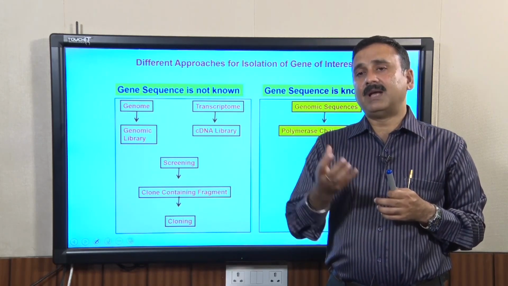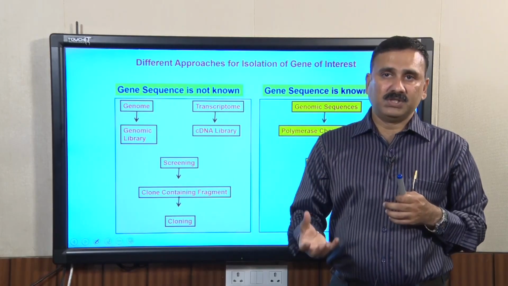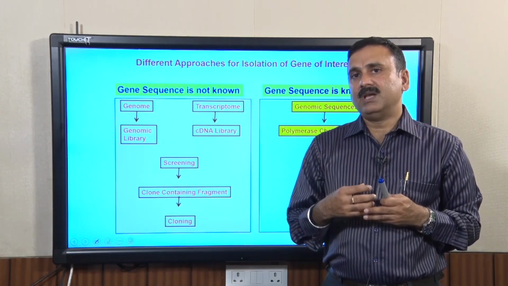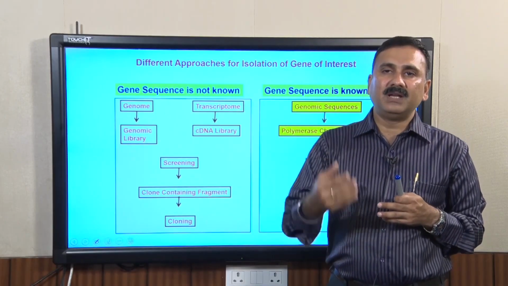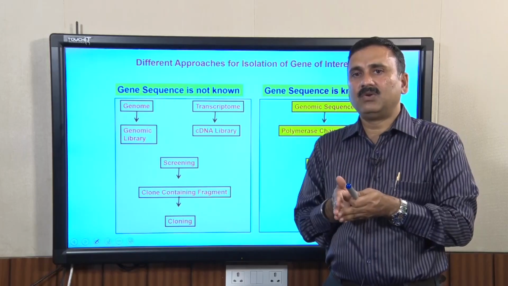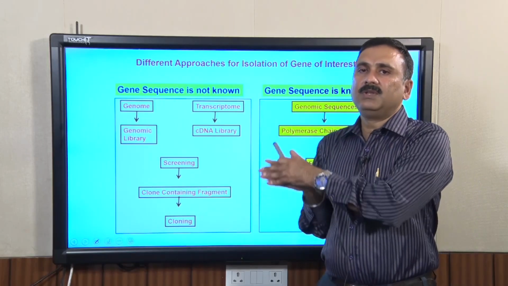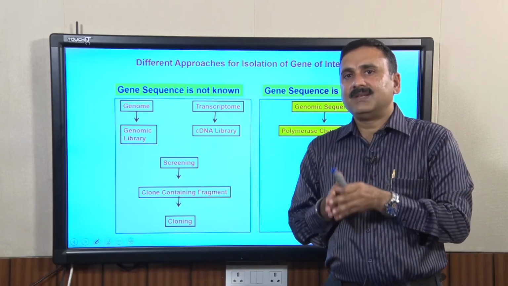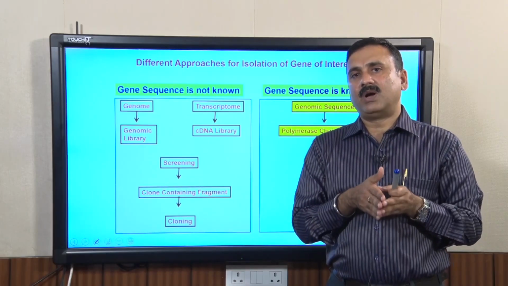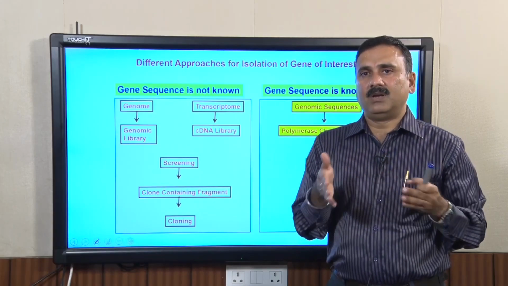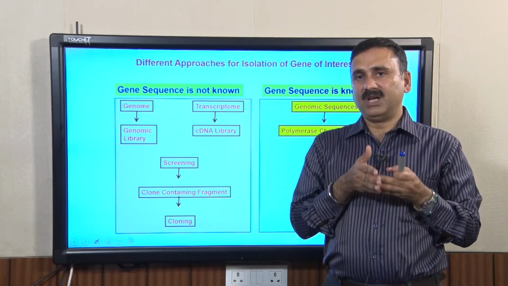which is going to represent the transcriptome of that particular organism in those particular conditions. This means that if you use the cDNA library, you can study the expression status of that particular cell, whereas if you use the genomic library, you are going to look at the changes in the genome of that organism under specific treatments.